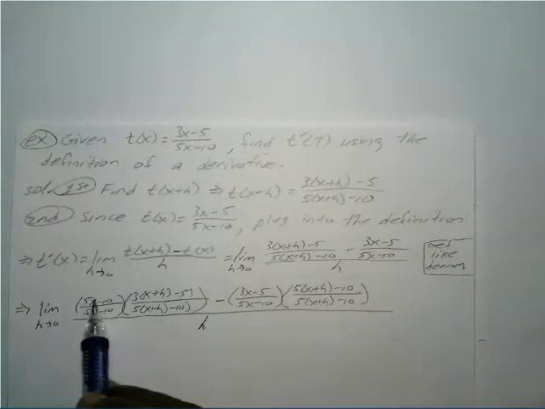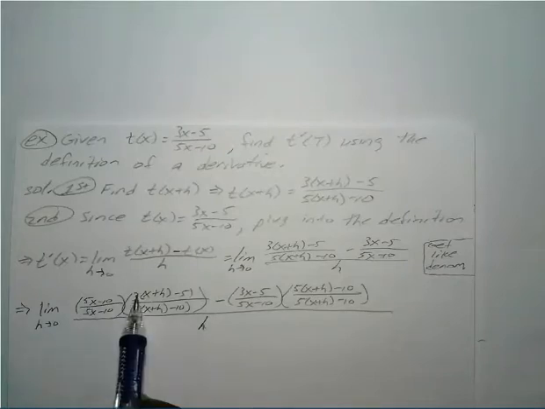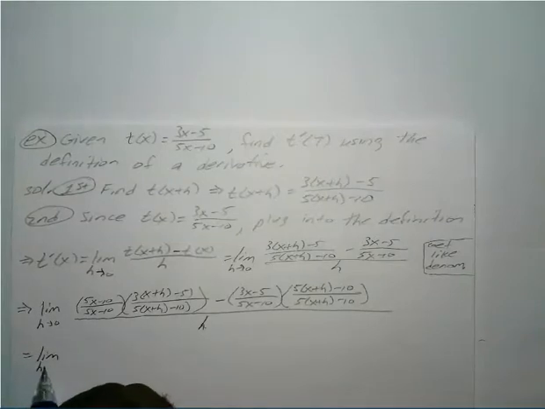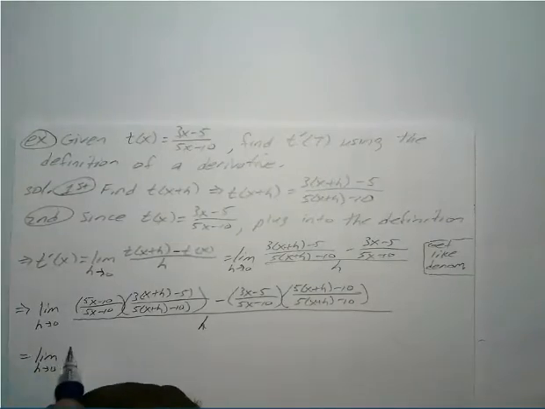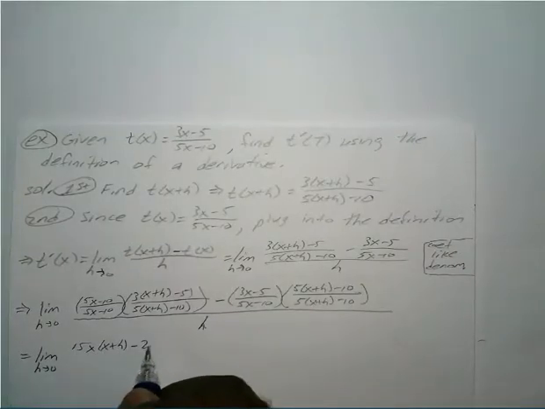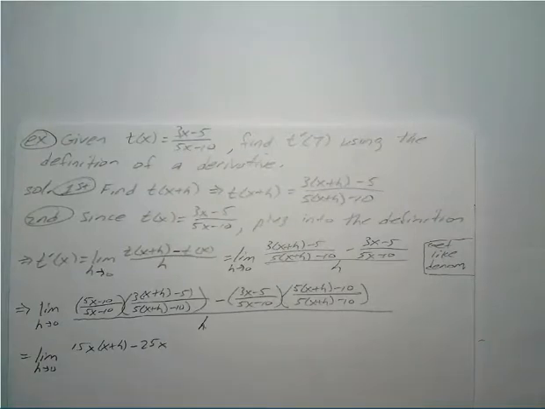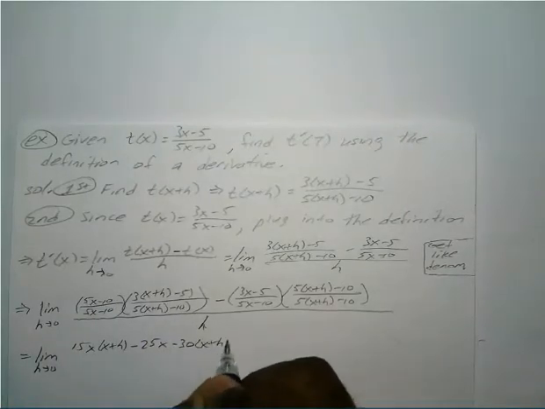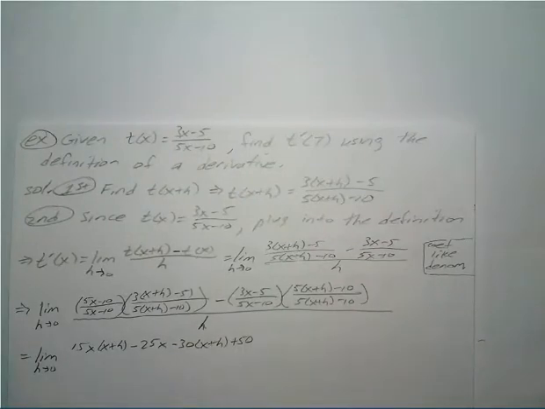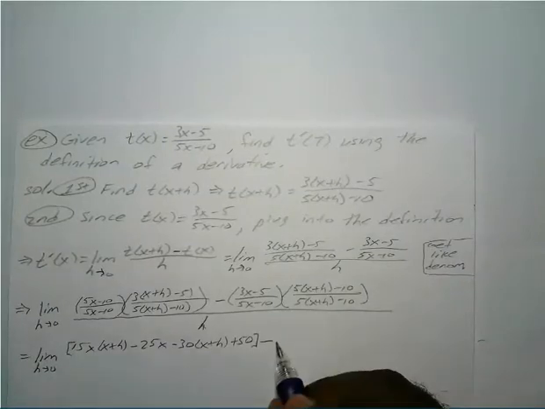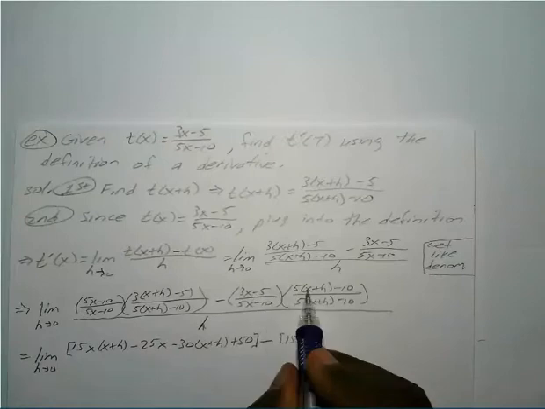Okay, so if we go ahead and distribute, we will end up with the limit as h approaches 0 of 15x times (x plus h) minus 25x. We're doing our first, outer, inner, and last. So minus 30 times (x plus h) plus 50, minus, again, first, outer, inner, last.